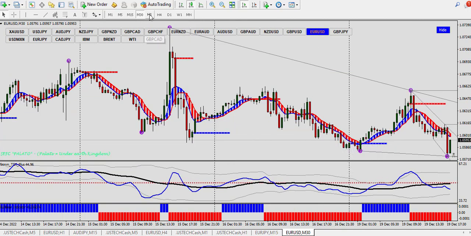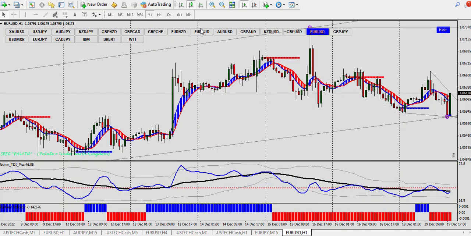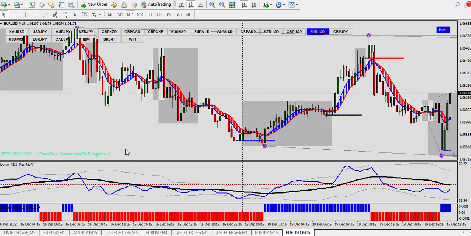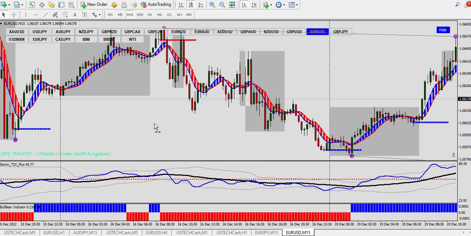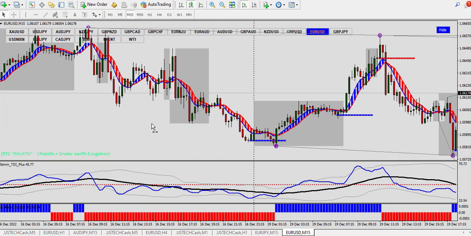It's still the same rule, the same principle for this particular indicator, for this particular strategy. Just make sure you follow it. You can check any time frame that you like, and check anyone you are comfortable with, and make sure you trade accordingly. So this is how to use this particular strategy.